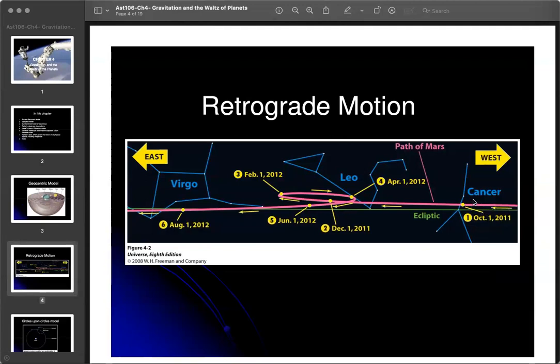It means, for example, we are looking at Mars, and on a certain night, October 1, 2011, it is seen right next to the constellation Cancer.